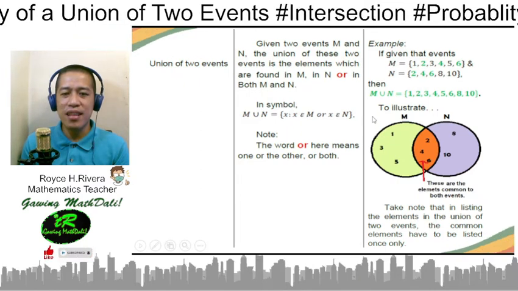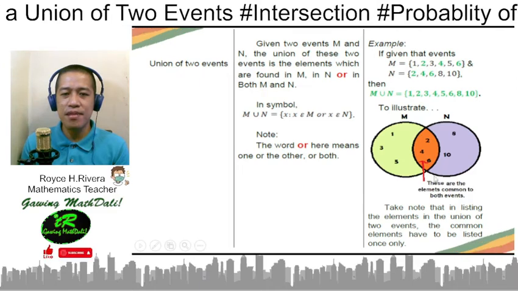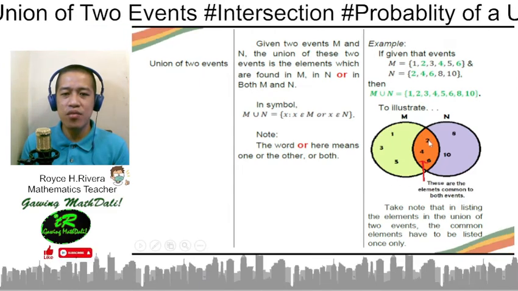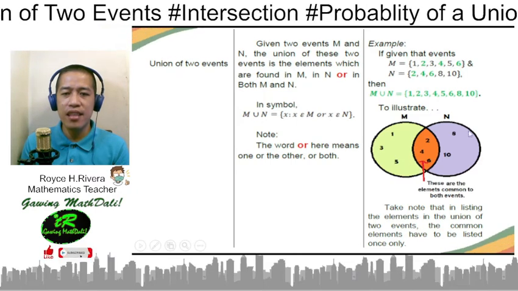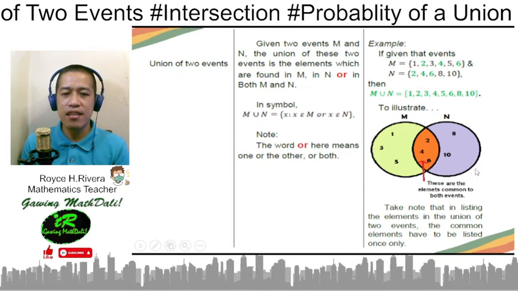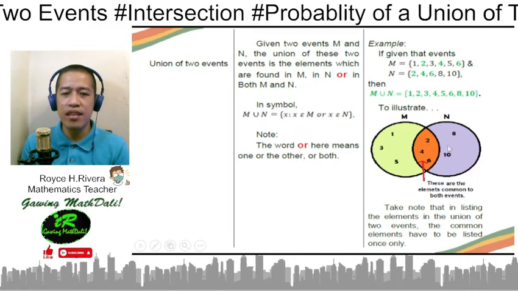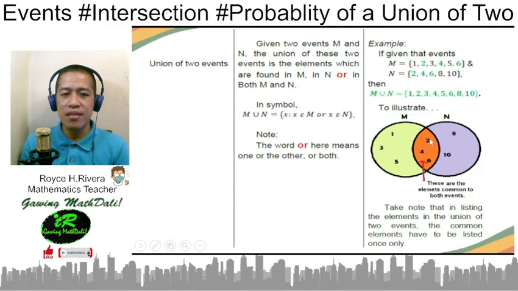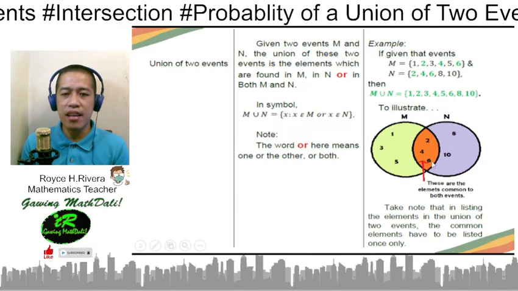For the illustration, we have the set M, the first circle, with elements 1, 2, 3, 4, 5, and 6, and set N, the second circle, with elements 2, 4, 6, 8, and 10. So notice the orange area here.